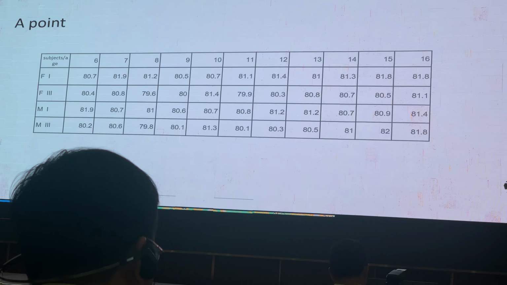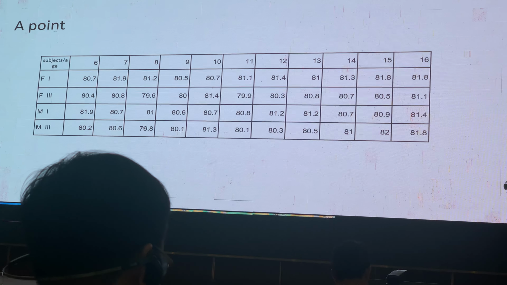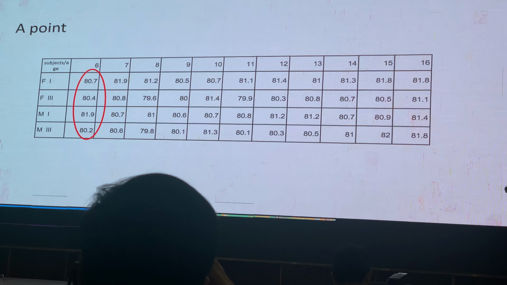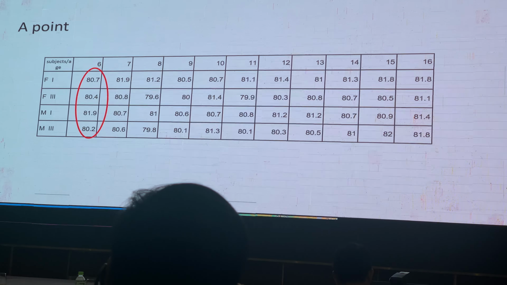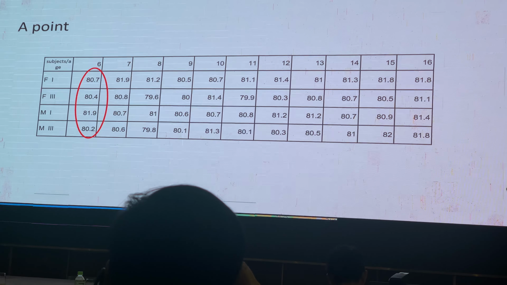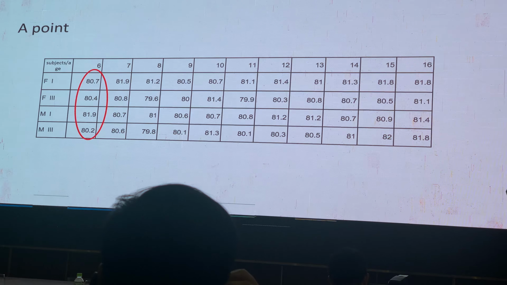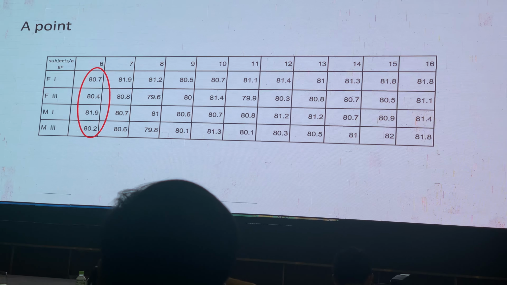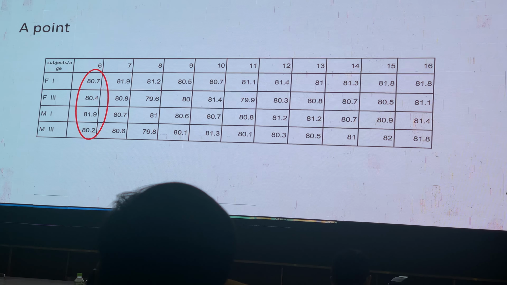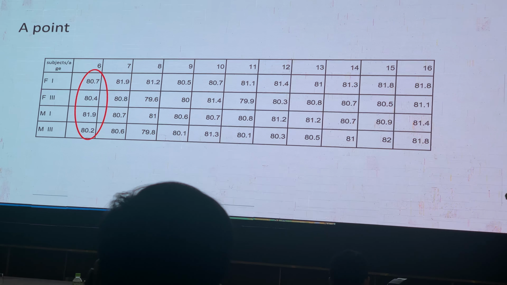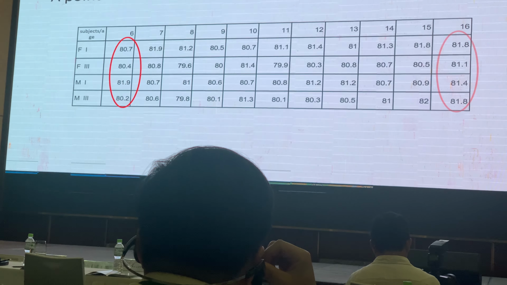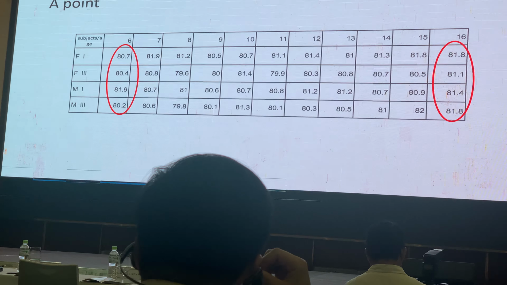When you look at 8-point PCSM, female class 1, female class 3, male class 1, male class 3. These are all Caucasian sampling, so it might be different from Asian one. Anyhow, A-point got almost the same amount of value at age of 6, or at the end of the growth.